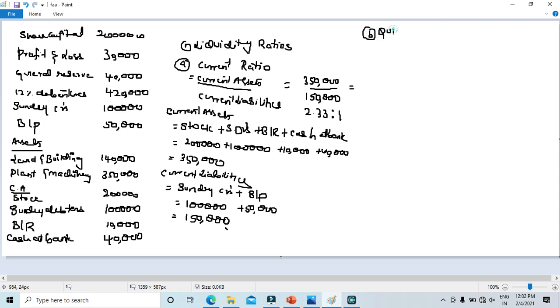Okay. Now the next one is the last one. If you see this, the last one is the absolute liquid ratio, also known as the asset test ratio. Let's do this problem.